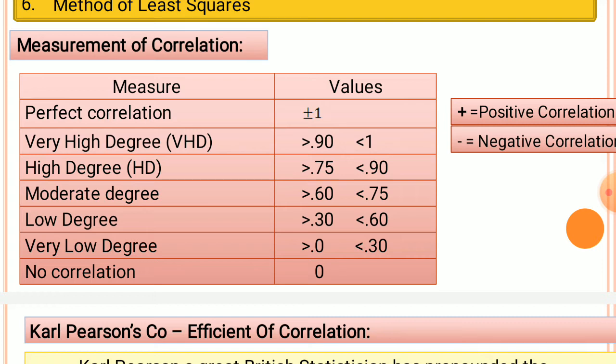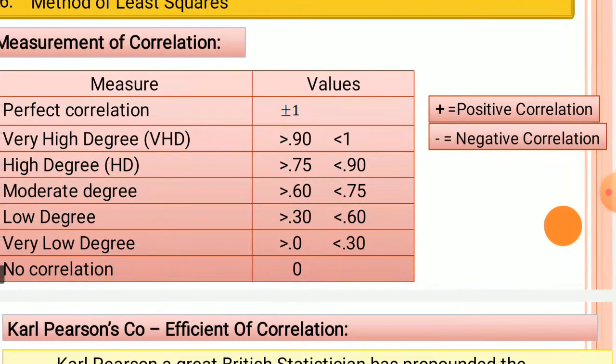A very low degree of correlation is when the value is less than 0.30 and more than 0.0. If there is a zero value, then such a type of correlation is called no correlation. Plus is equal to positive correlation, minus is equal to negative correlation.